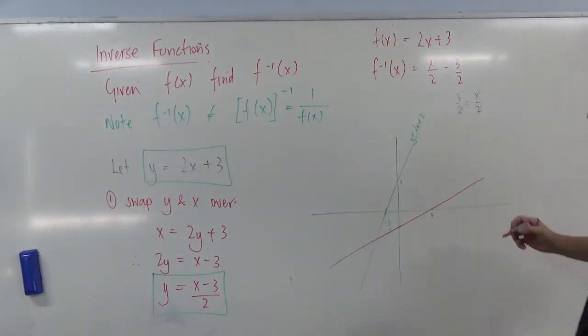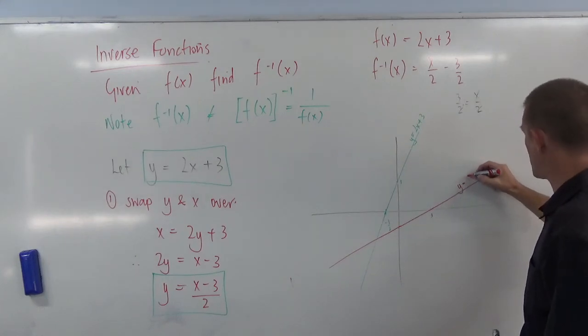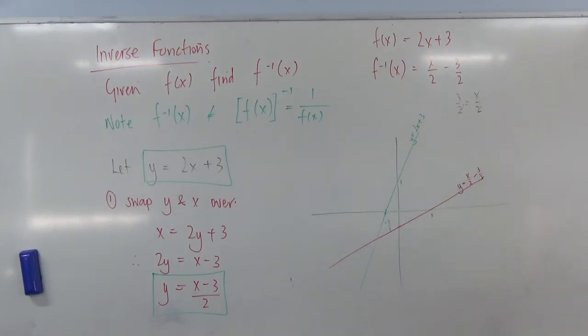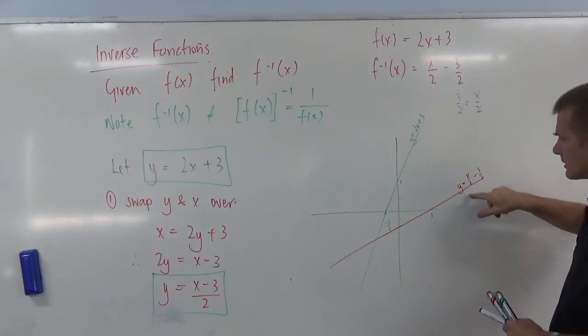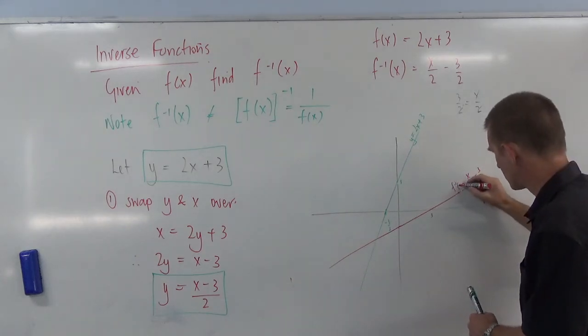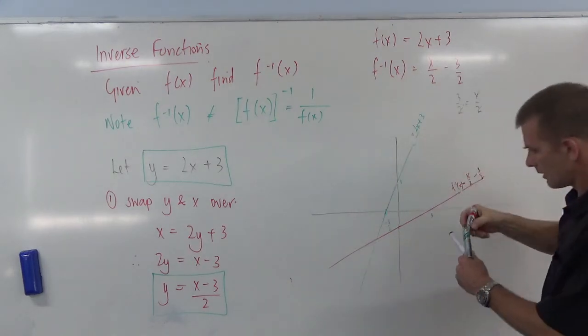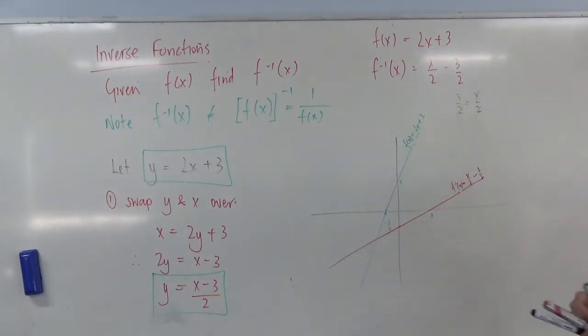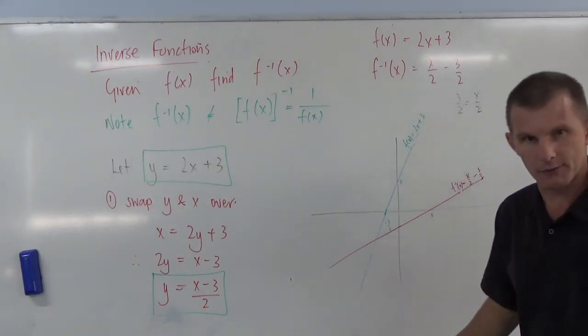That's better. You get the idea. This one is going to be y equals x over 2 minus 3 over 2. Now that means that this is really f to the -1 of x. And this really is f of x.